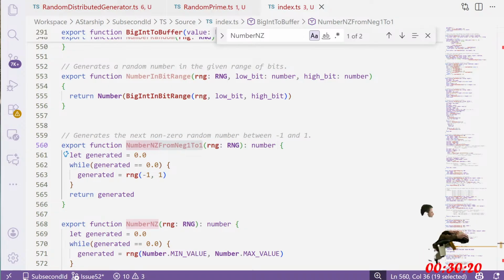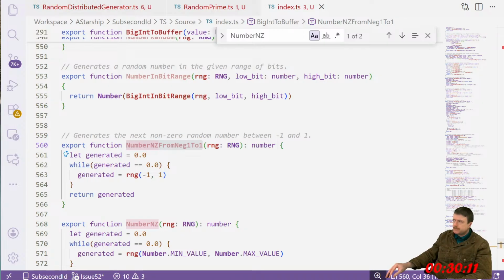What is the thing? Let me find this real quick. Oh shoot. Applying keyboard shortcuts. I gotta do it in the cryptography, random numbers.